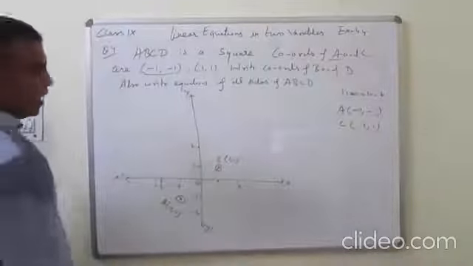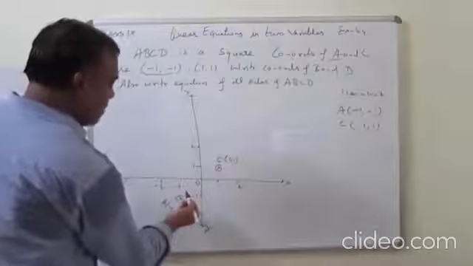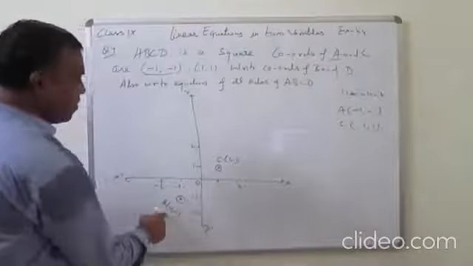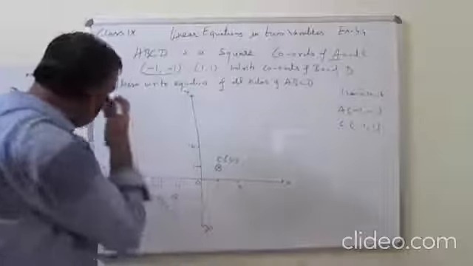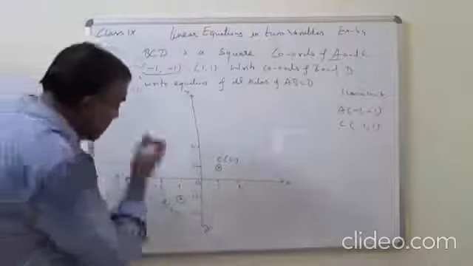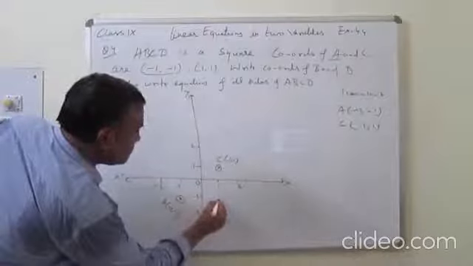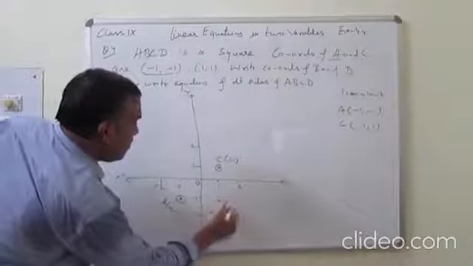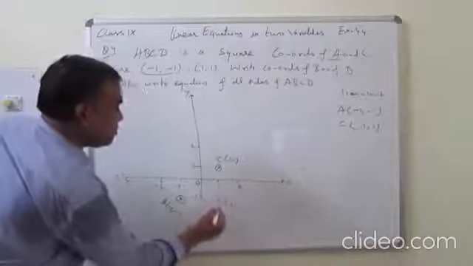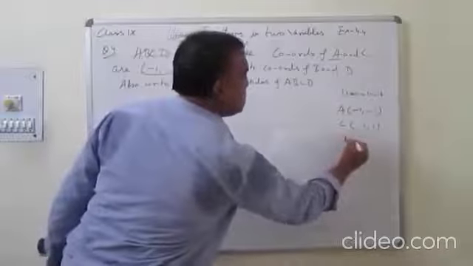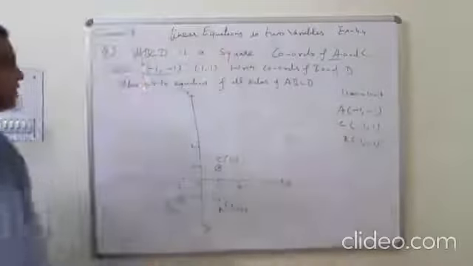Now make a square. If you make a square, what is the point B? What will B be? It will be the same. If we take the reflection, what will it become? It is this point, 1, -1. This is B. B is 1, -1.